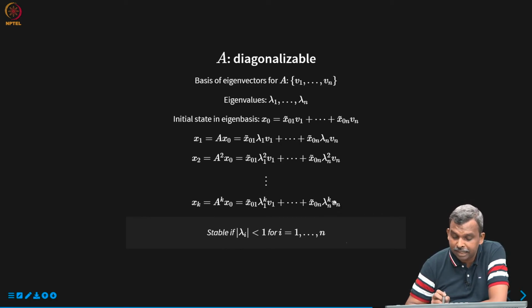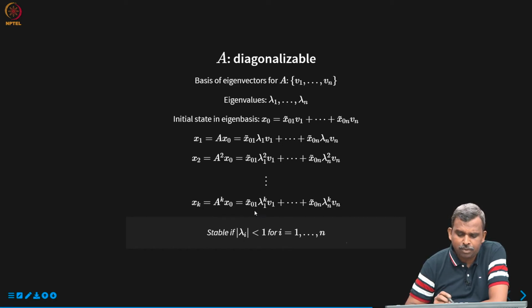Interestingly, if the absolute value of lambda i is less than 1 for all i, then I will have BIBO stability. In fact, x k will always tend to 0 eventually as k becomes very large; it depends on how close lambda i is to 1.